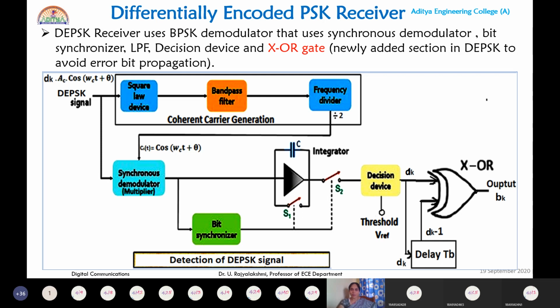Actually, dk is a unipolar encoded sequence, but what is the input? The input is the bit sequence bk. So using dk, you should generate bk. How can you generate it?